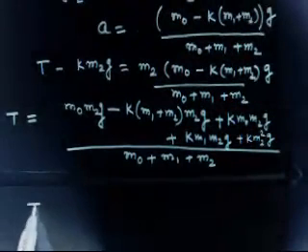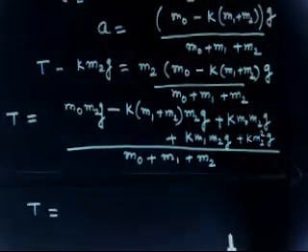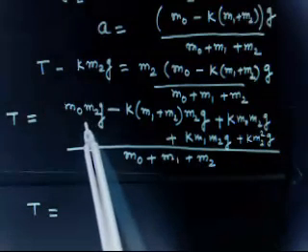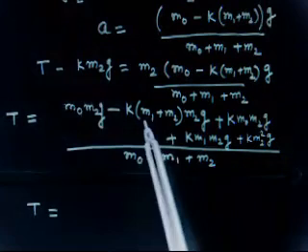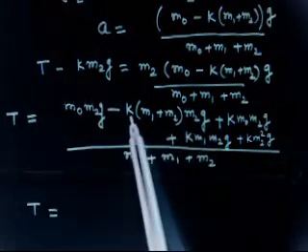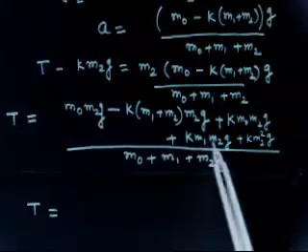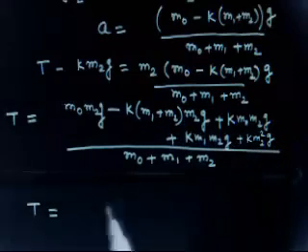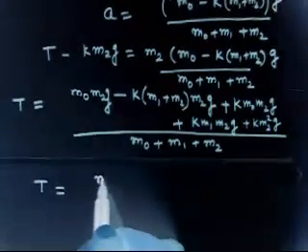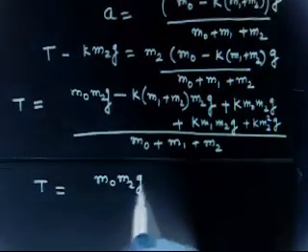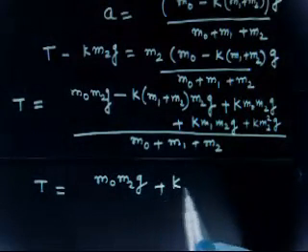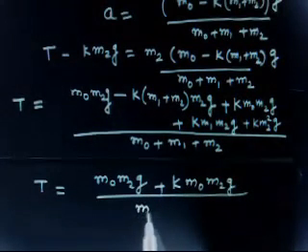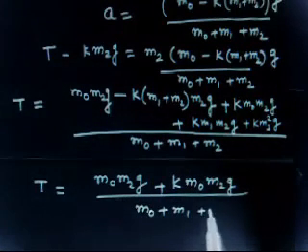So I can write tension is equal to, this is basically equation solving, nothing else. So what are the terms that will be cancelled out? You have k terms, so k m1 m2 here you will have into g with a minus sign, so this term goes out, and here we will have k m2 square, so this term also goes out. So you will simply have m0 m2 g plus k times m0 m2 g divided by m0 plus m1 plus m2.